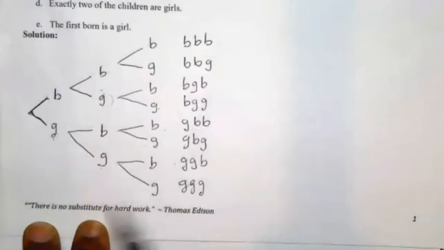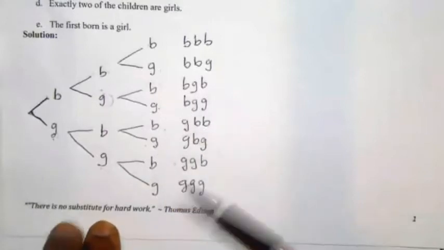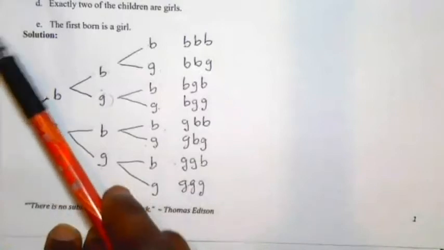Starting tomorrow, we'll be calculating probabilities based on this tree diagram. But for today, we just want to list the possible outcomes. So let's use this information to answer the questions above.